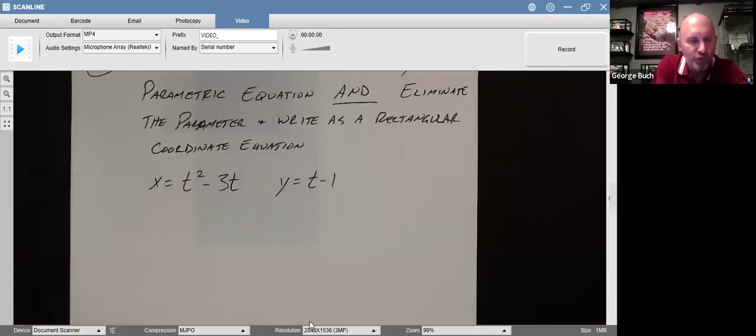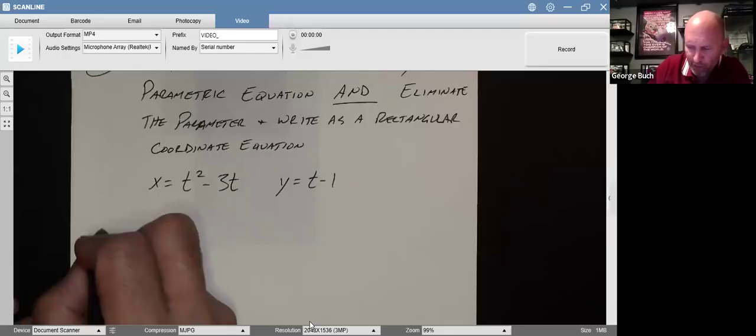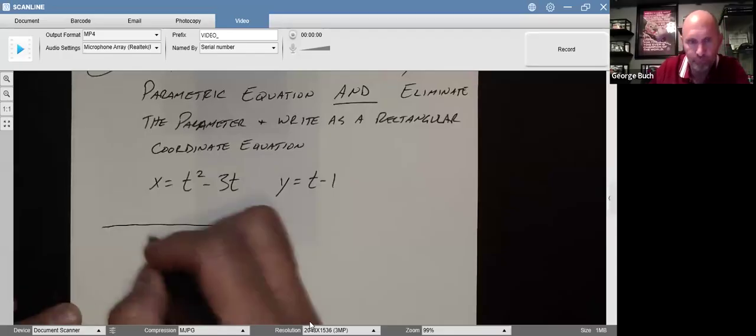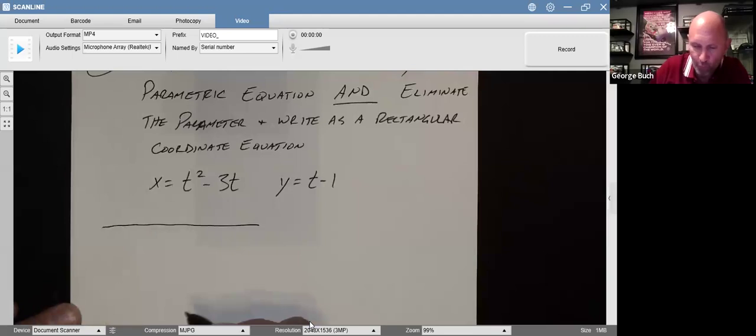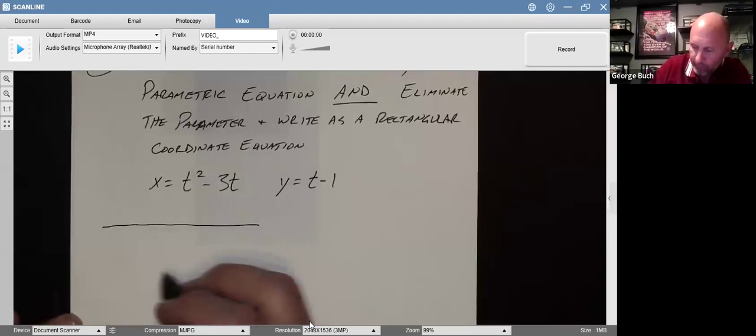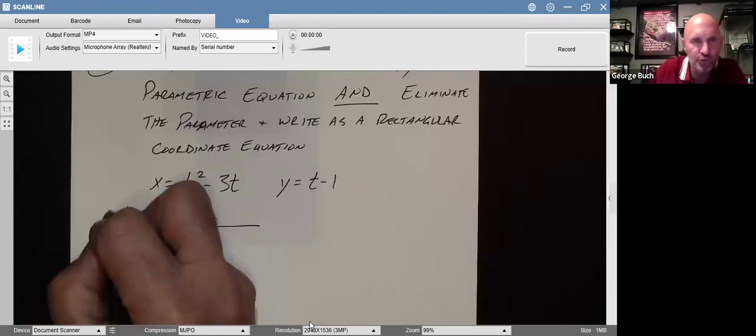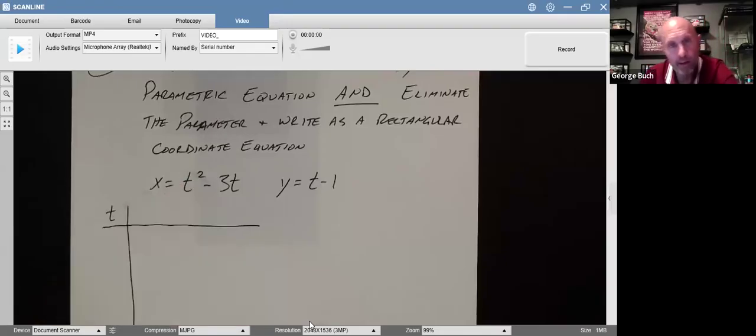So I have this new value t, and x and y are dependent on the value of t. So what I'm going to do is set up a table like I normally would for graphs with plotting points. But now, instead of choosing values for x and y, I choose a value just for this parameter t.